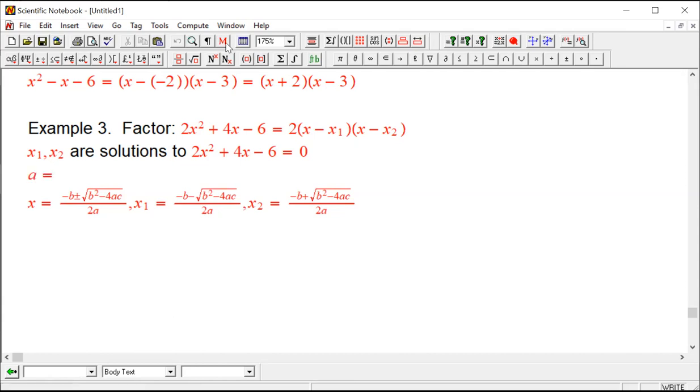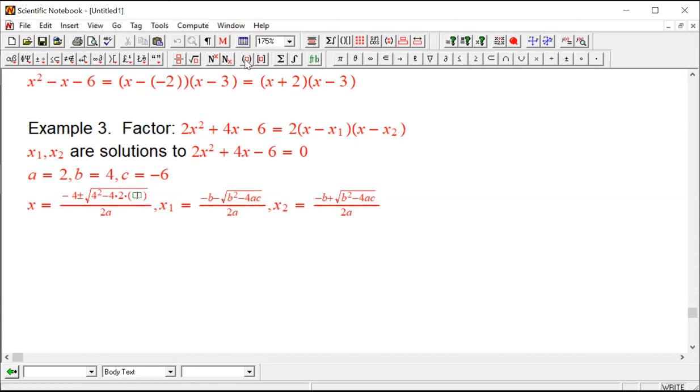So what is A? A is 2, right? B is 4. C is -6. So -4, 4 squared, -4 times 2 times C is -6. You just have to be very careful here, okay?